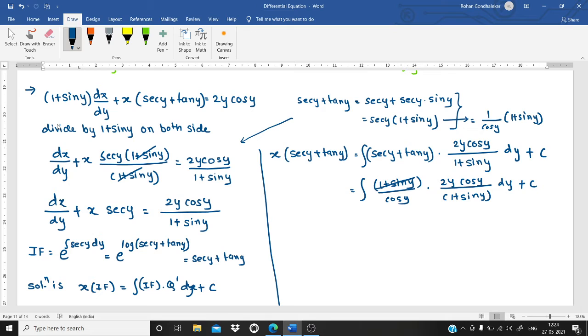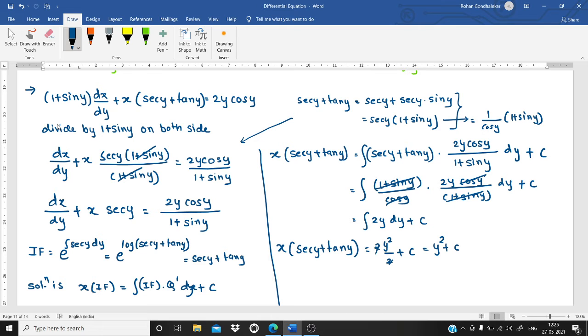The 1 + sin y from numerator and denominator cancel, and cos y from numerator and denominator cancel. Hence we get the integral of 2y dy plus c. So the solution is x (sec y + tan y) = 2 times y squared upon 2 plus c. The 2 and 2 cancel, and hence y squared plus c is our expected solution.